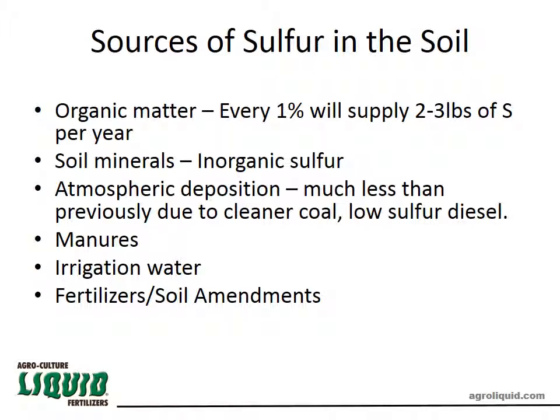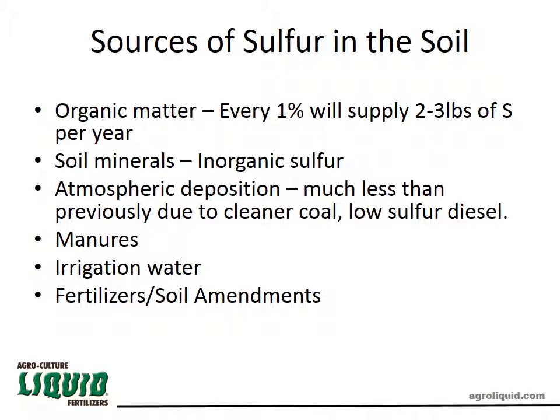Then we also have atmospheric deposition, which is your acid rains and things like that. A lot of that sulfur is put into the atmosphere through our burning coal and through burning diesel and those types of fossil fuels. Here recently, due to the Clean Air Act and different things like that, those levels have dramatically been reduced in the atmosphere, so we don't get quite as much atmospheric deposition as we used to.